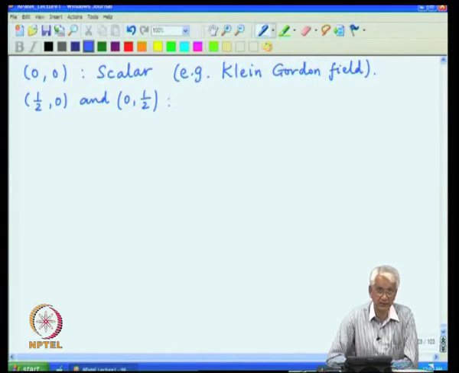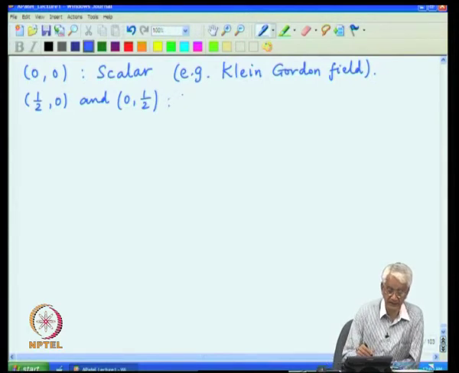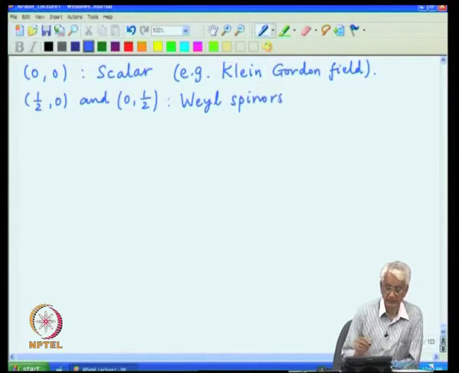We have encountered these objects before, and they represent Weyl spinors.